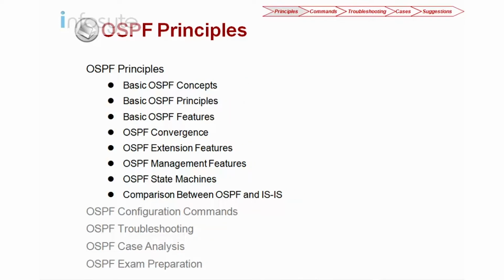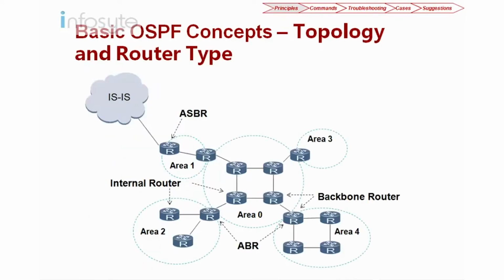So let's get started with the OSPF basics. On the basic OSPF concept, first we need to know OSPF is based on areas to form the topology. The areas are very important in OSPF. We will cover the topology and also the router types.